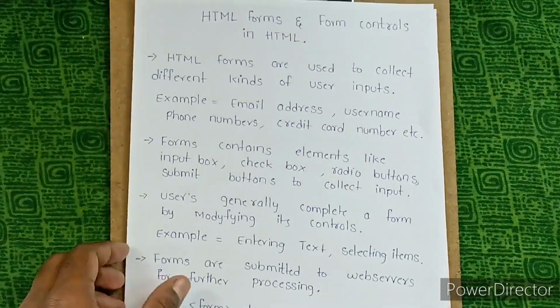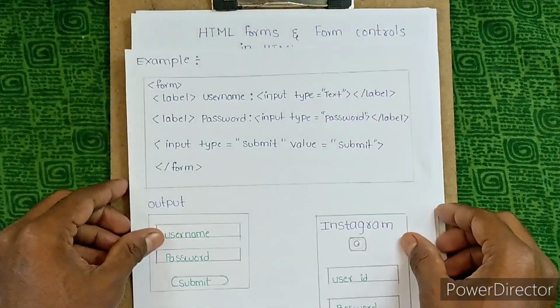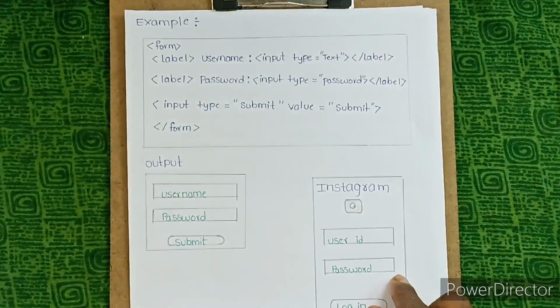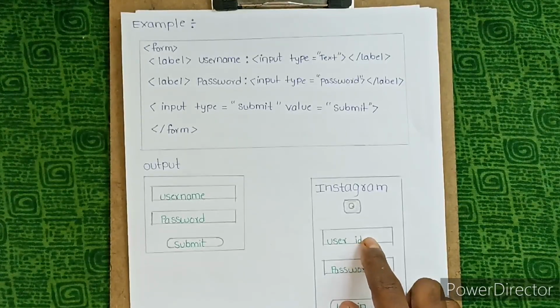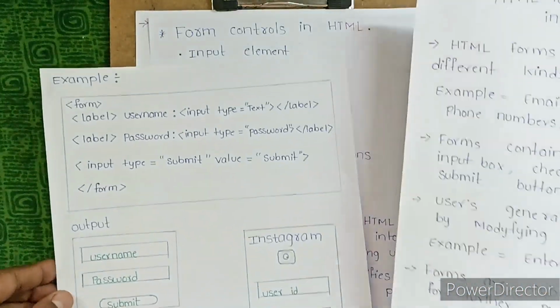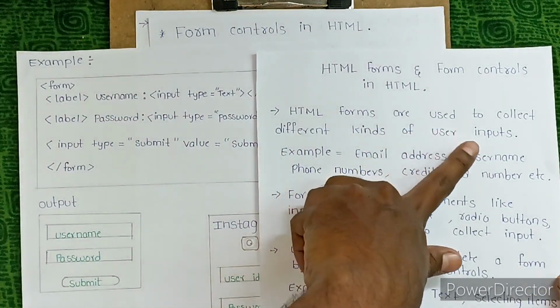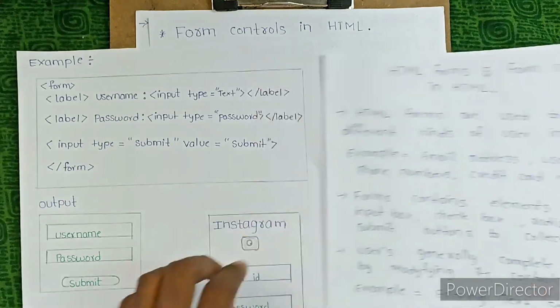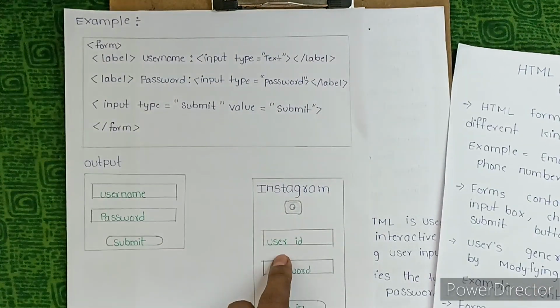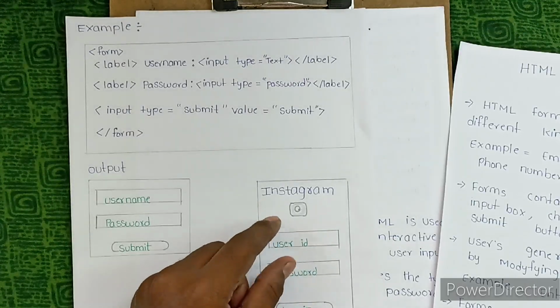So let's understand this. This is like an Instagram preview. Here we have to input our user ID and password. So here we can see HTML forms are used to collect different kinds of data. Here we will enter our data like user ID and password, so from here Instagram collects our data.